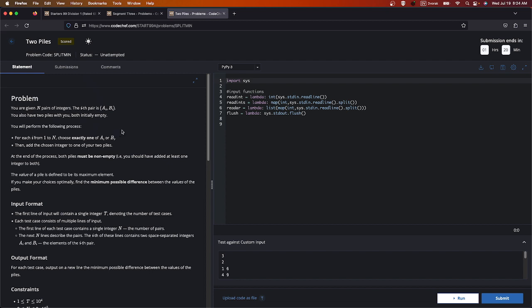Okay, choose one of the 2, and then add it to one of the 2 piles. Both piles have to have at least 1 integer. And then what is the minimum possible difference?